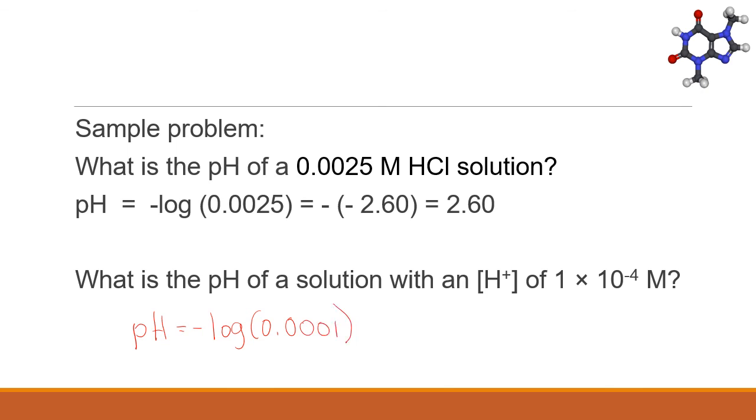First, we need to calculate the log value of our concentration. Using a calculator, this gives us negative 4.0. A negative multiplied with a negative gives us a positive value of 4. So the pH of this solution is 4.0, which makes it still acidic.